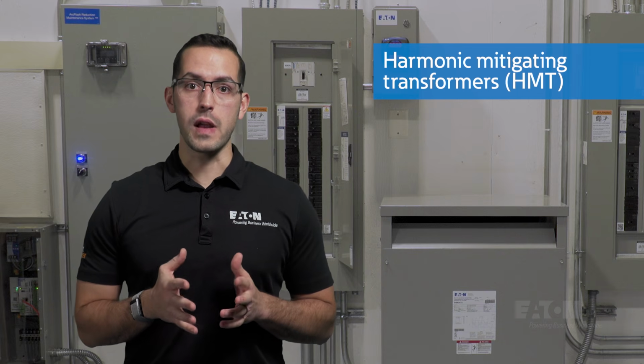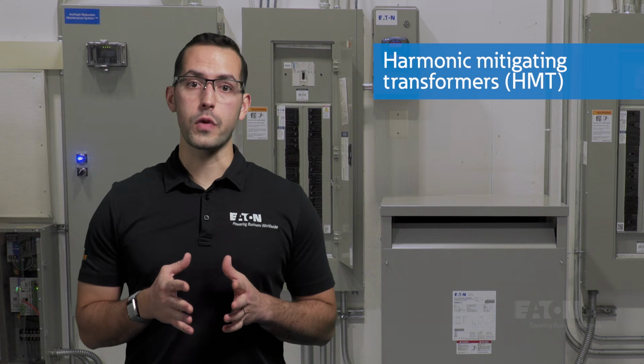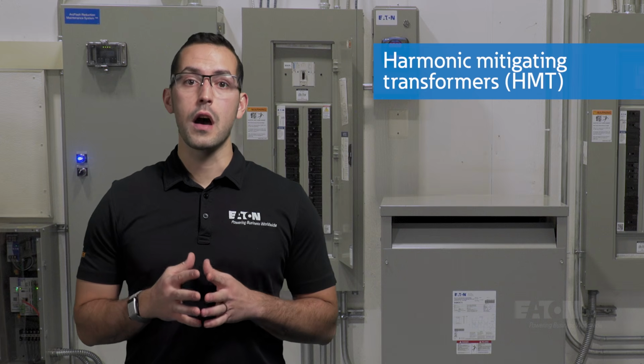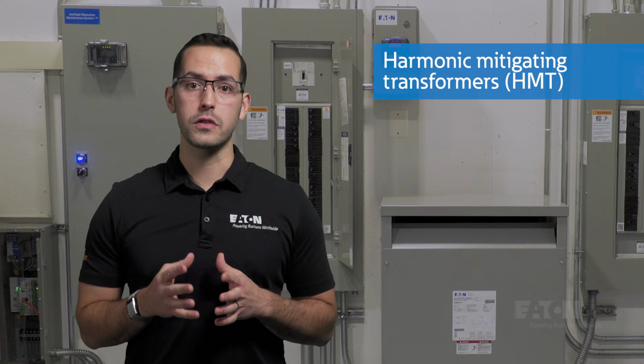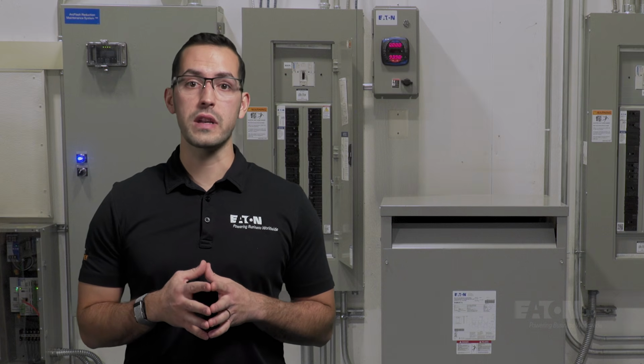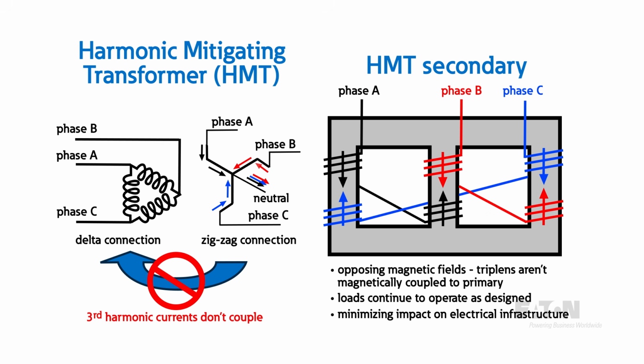Harmonic mitigating transformers. Harmonic mitigating transformers, or HMTs, are specially designed transformers that, when installed properly within an electrical system, will cancel out and treat some of the harmonic currents. Third harmonics, or triplens, are canceled on the secondary of the HMTs, eliminating the circulating current in the delta winding of a delta-Y K-rated or standard transformer.